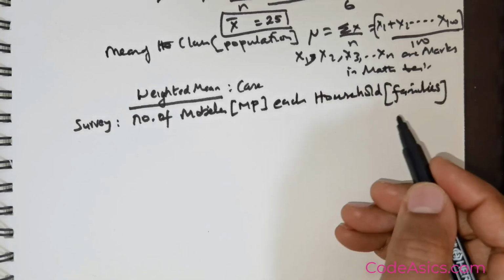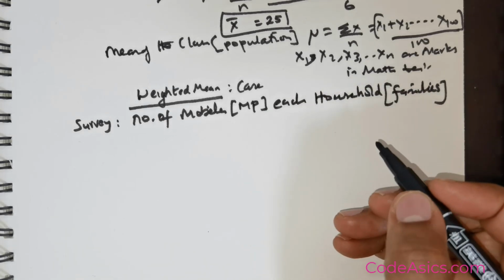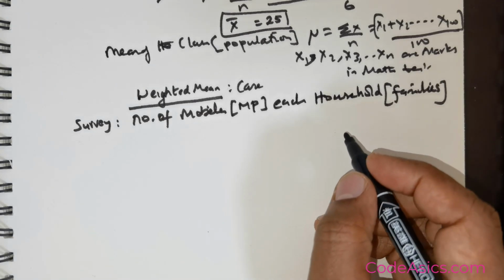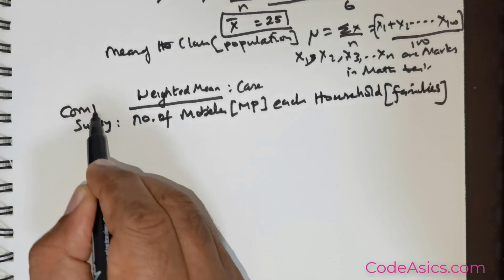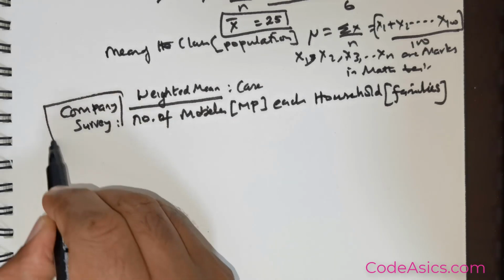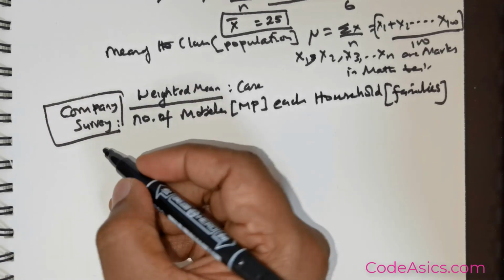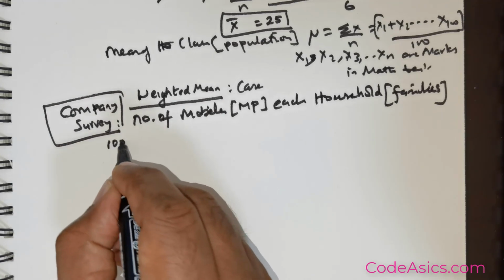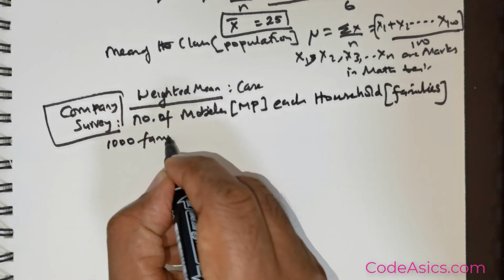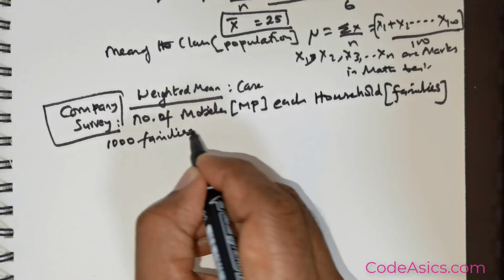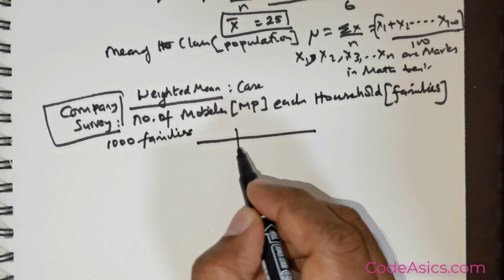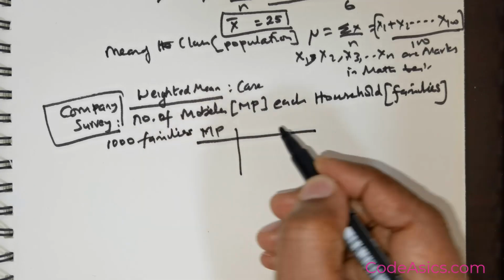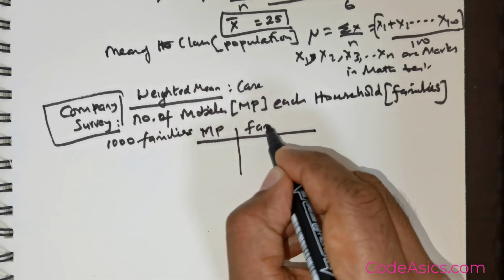The number of mobile phones that each family has with them. And this particular company is performing this exercise across 1000 families, right? So this is the data that they have got. This is mobile phones and families.